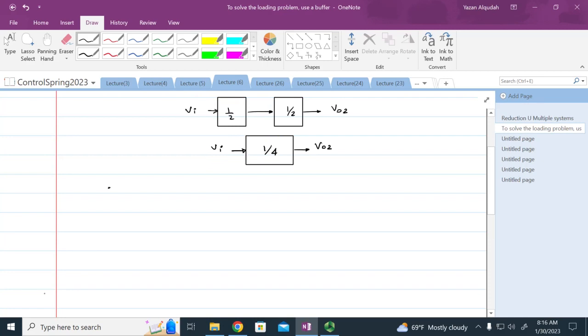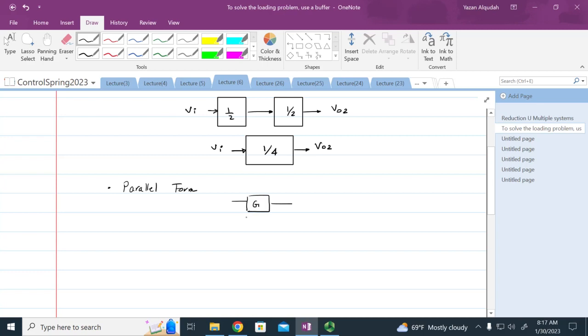Okay. Another form that we will see is the parallel form. And this will look something like this.